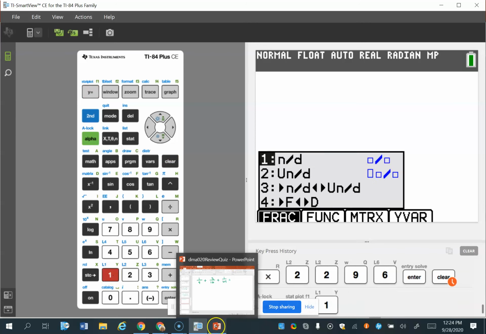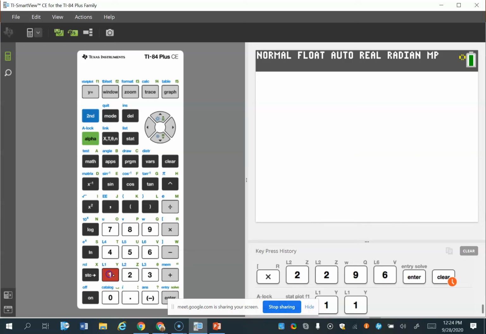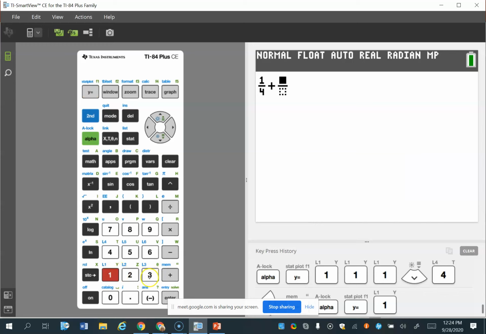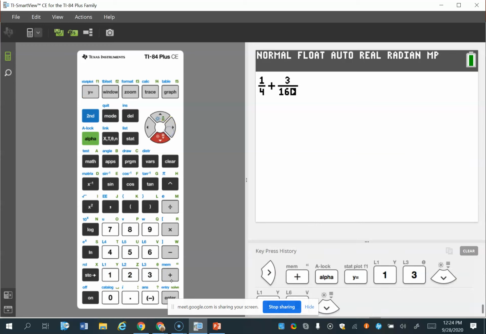And if we do that, we're going to have 1/4 and 3/16 first. So 1/4 plus 3/16. Well, wait a minute. Did you notice I accidentally was not out from under the radicals?